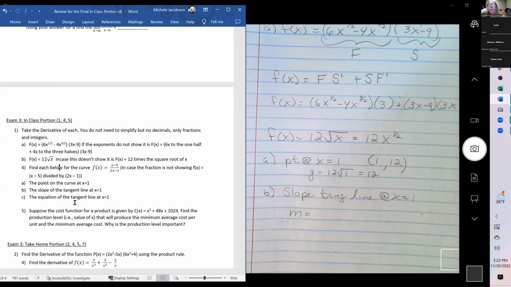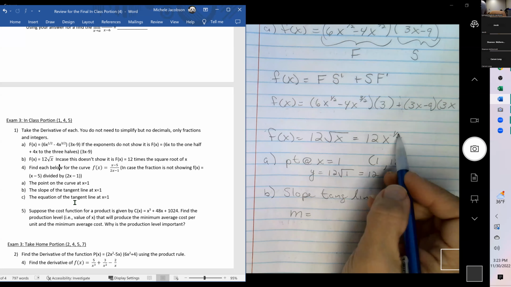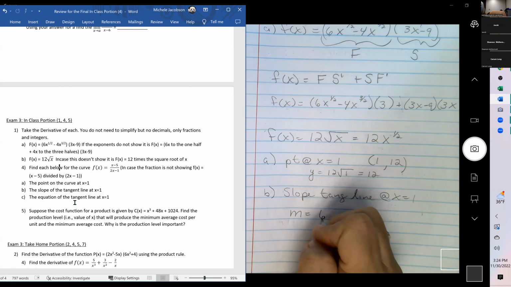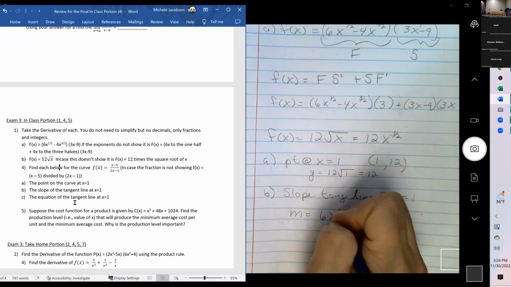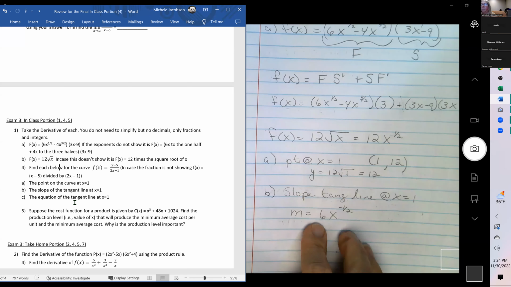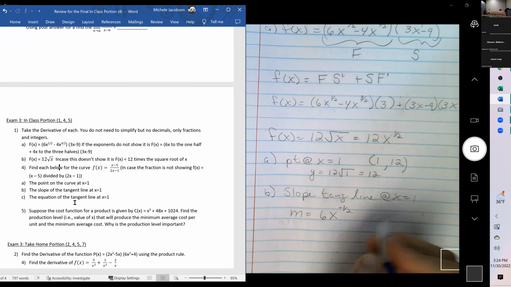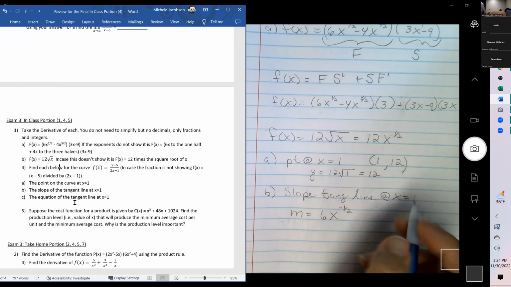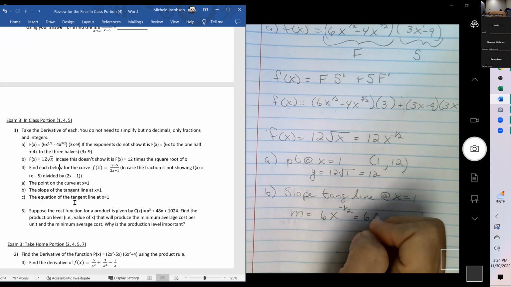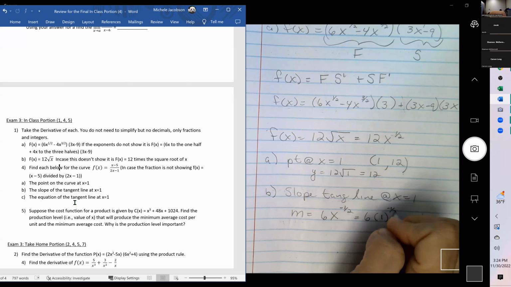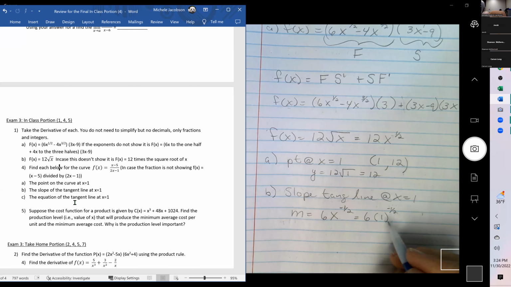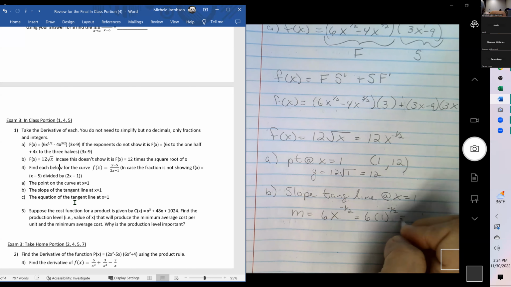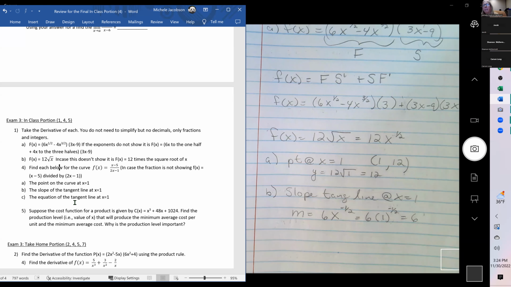The square root of x would be 1/2. 1/2 times 12 is 6x. Subtracting 1, we get a negative 1/2. So that's the slope of the tangent line. We want the slope of the tangent line at x equals 1. One to the negative 1/2 is still 1 times 6 is 6. So that would be the slope of the tangent line.